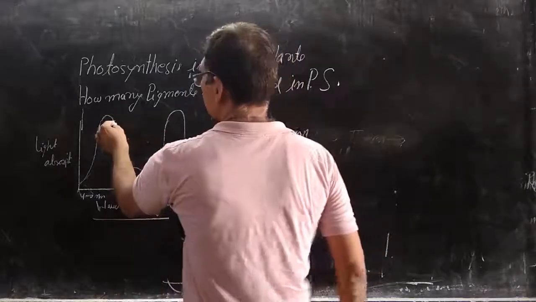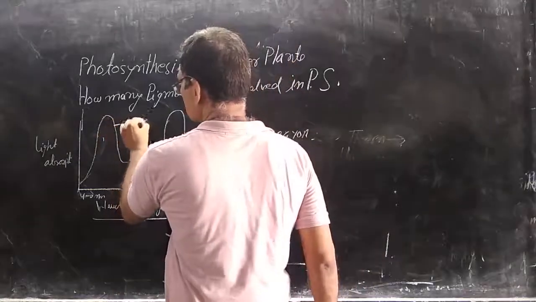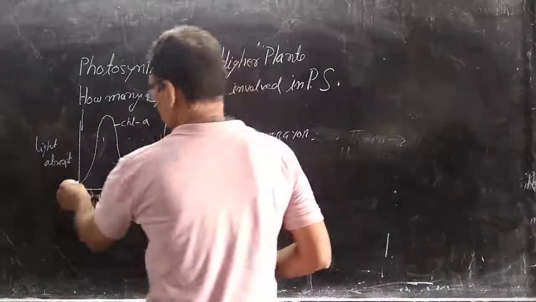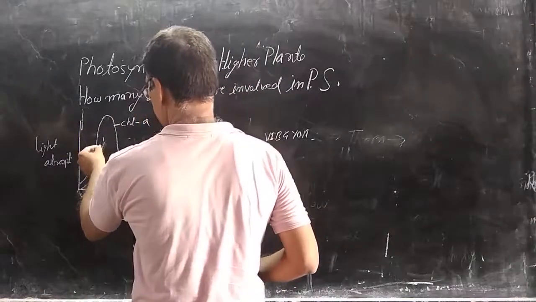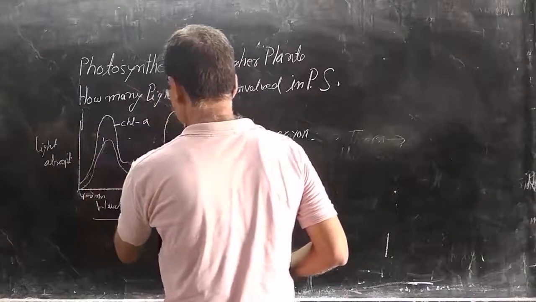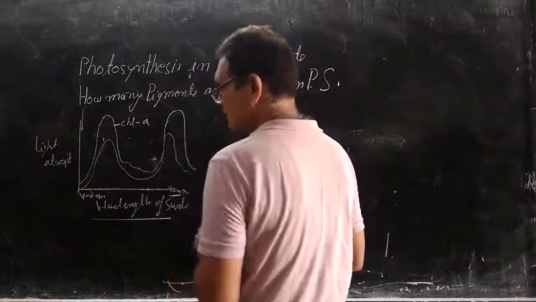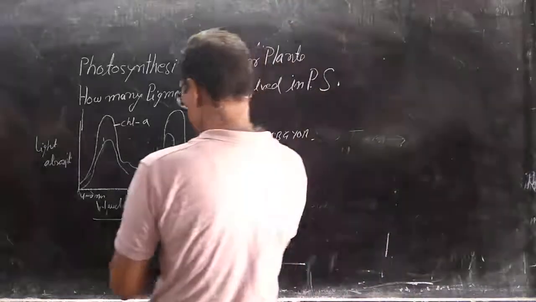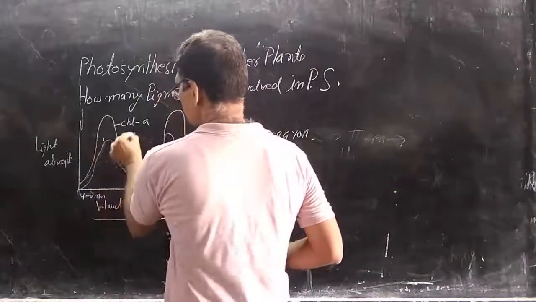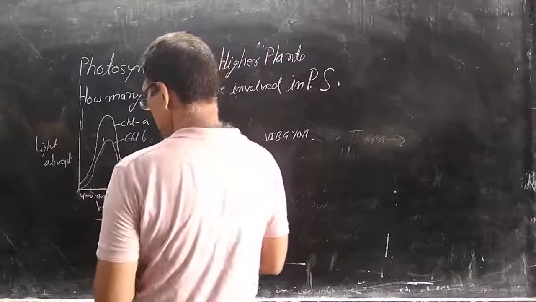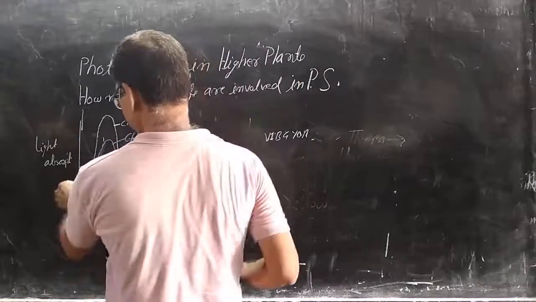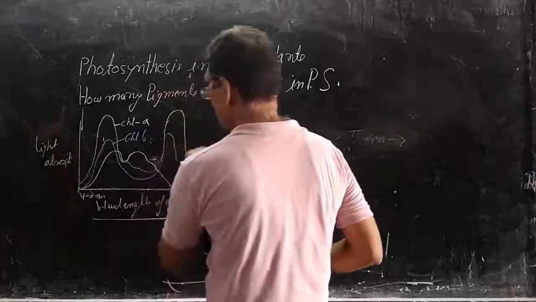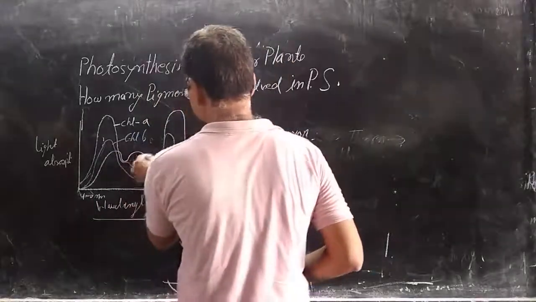This is of chlorophyll A. Another is of chlorophyll B. And the third is of carotenoids.